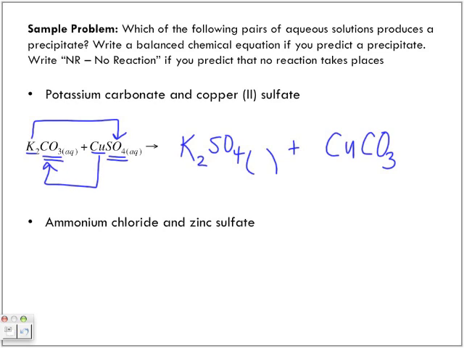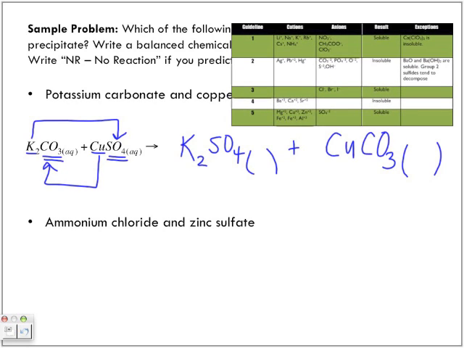And you all know how these formulas come together, right? You need to know. This is not the time to review that lesson. So, to identify what state they're in, which one is actually going to break apart, dissociate in solution, which is actually going to remain solid, if any, we need the solubility chart.